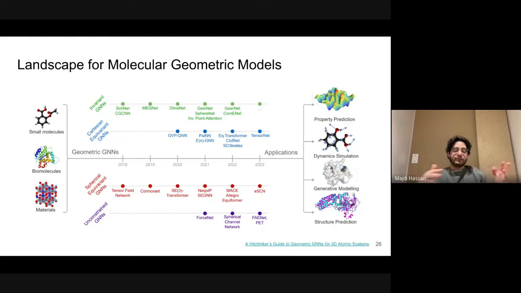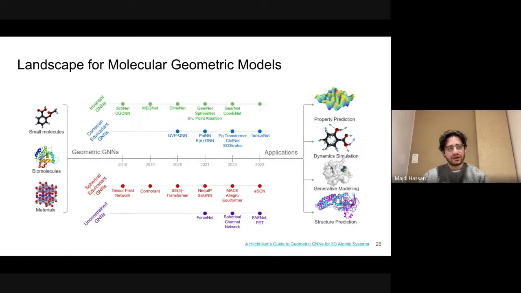They have this timeline of all these geometric GNNs and their applications like property prediction, dynamic simulation, generative modeling, and structure prediction. They've categorized these geometric GNNs into 4 categories: invariant GNNs on the top in green, Cartesian equivariant GNNs, spherical equivariant GNNs, and unconstrained GNNs. So what's the difference between all these things, right?